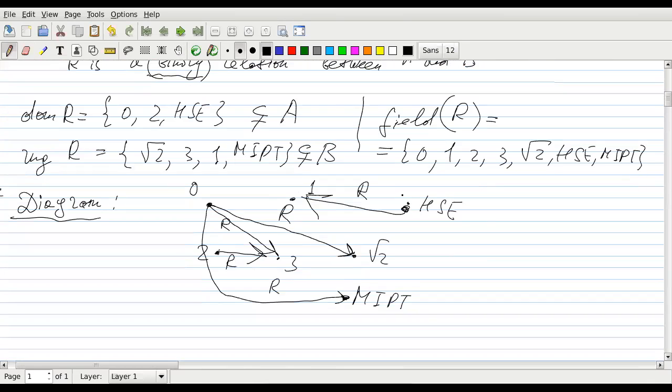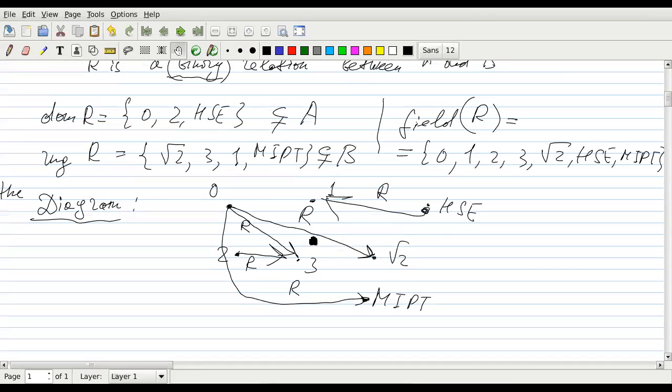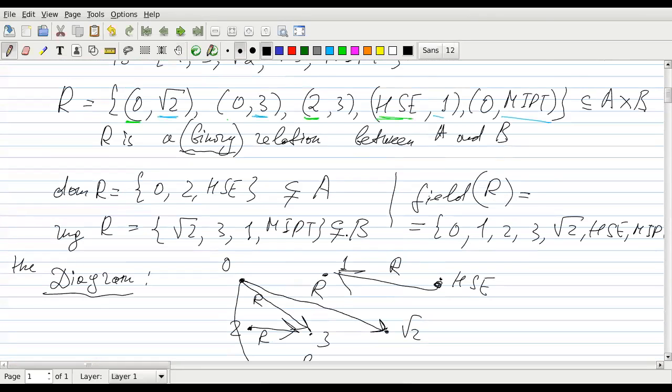What is a diagram? Diagrams are very useful when you're tinkering with binary relations. So any questions up to this point? For each relation, you draw its own diagram.